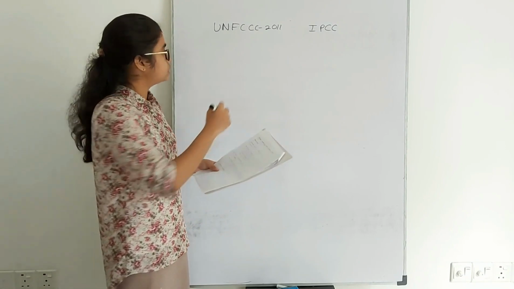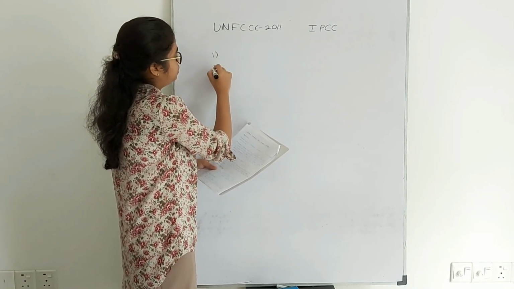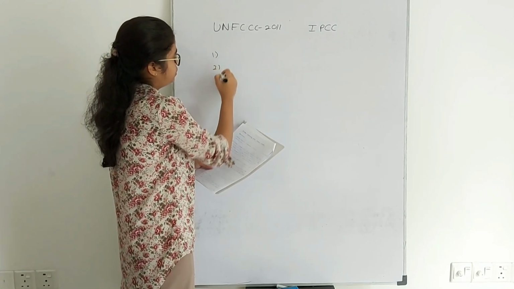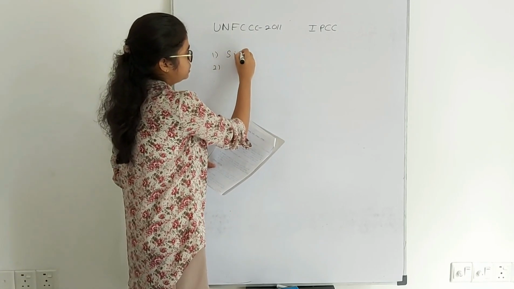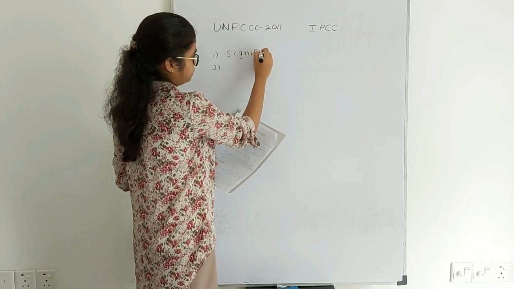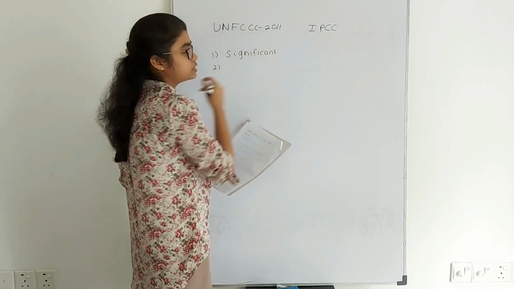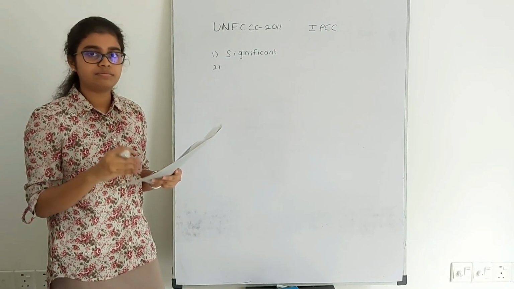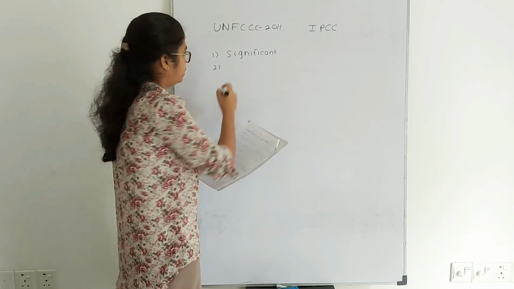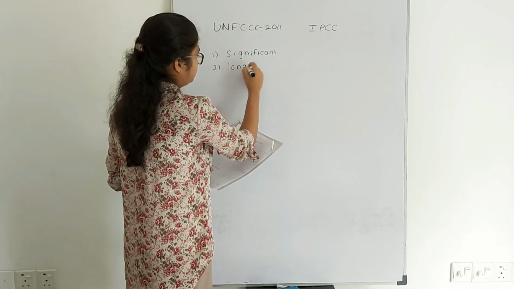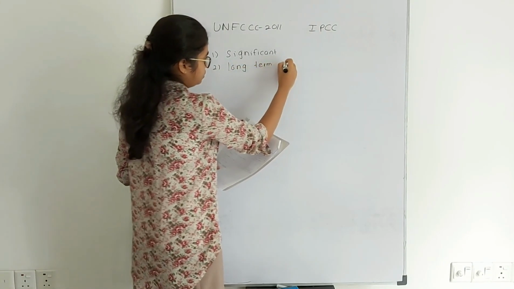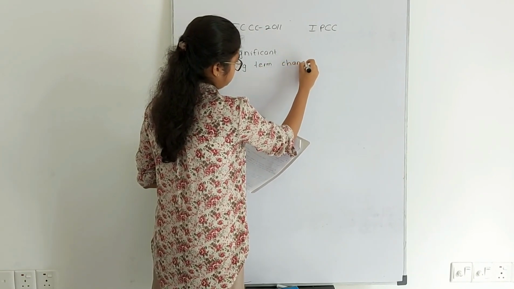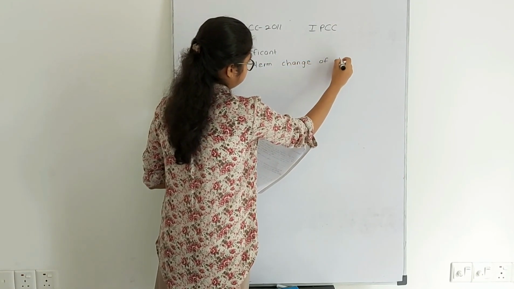I have broken it into 5 points. It is significant because it is noticeable or has a major effect, and it prevails for a long term, and it is a change of climate.